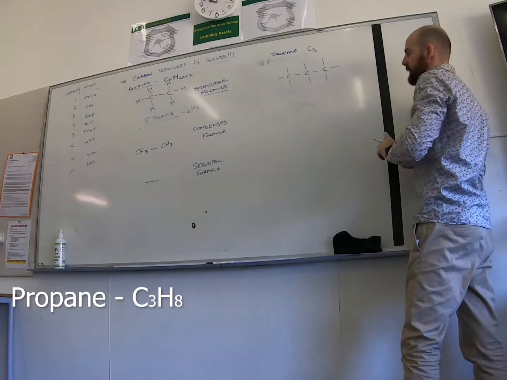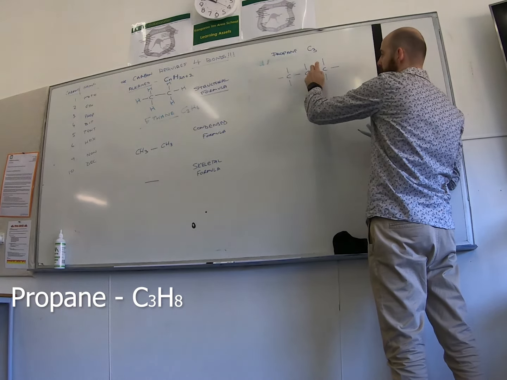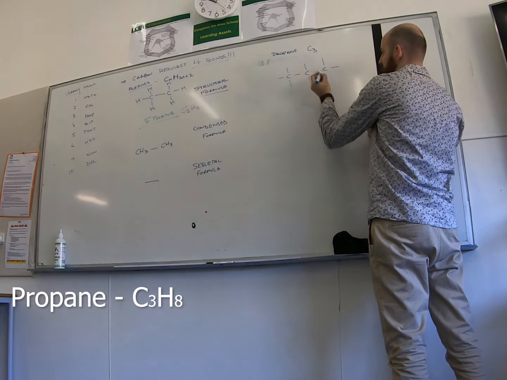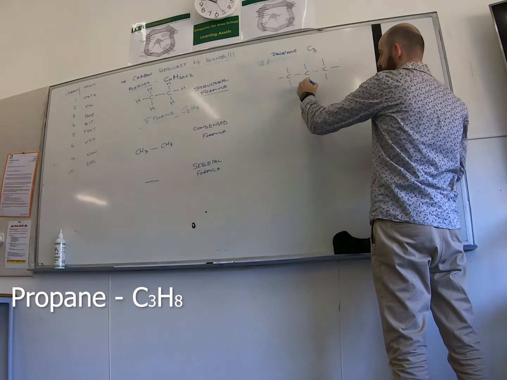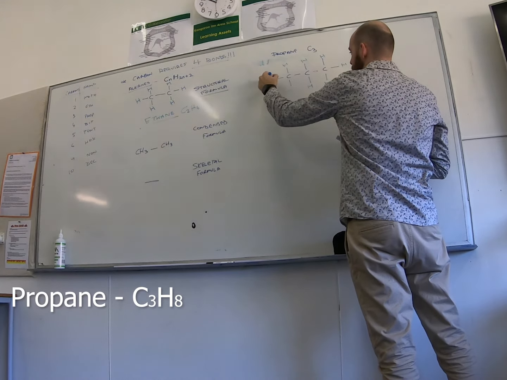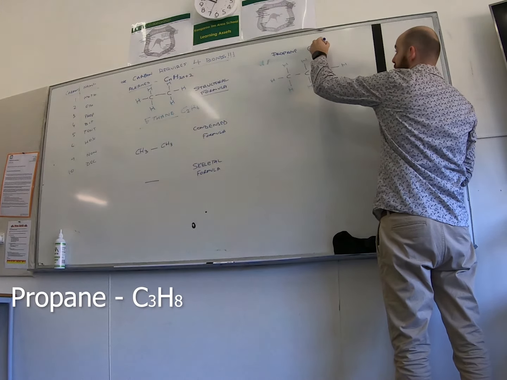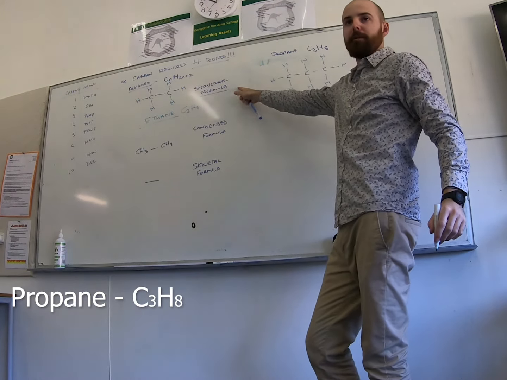We check we know it's right because everyone's got 4. H, H, H, H, H, H, H. C3H8. That is our structural formula for propane.